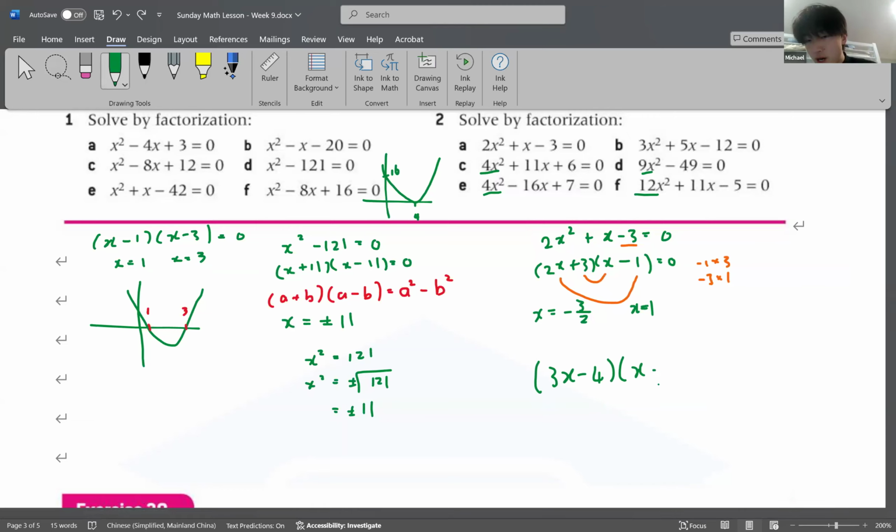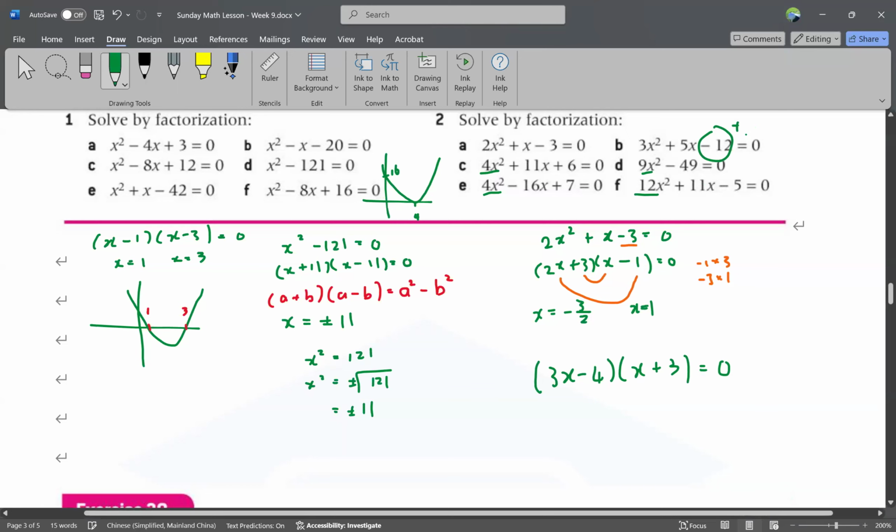Okay, it's definitely not minus, because the plus sign in the 12 tells us it's a plus. Oh, I think I meant plus. Okay, so sure.